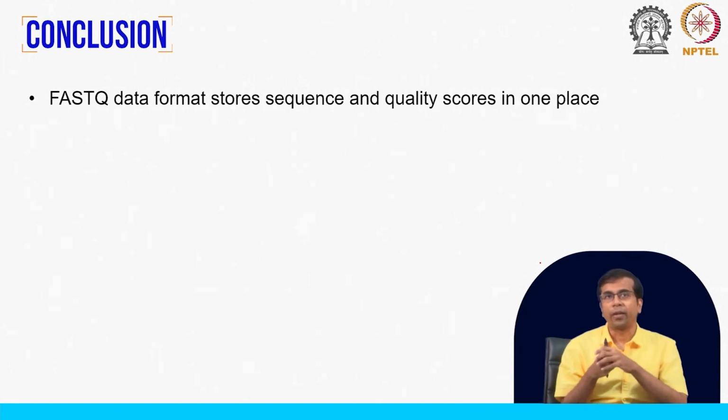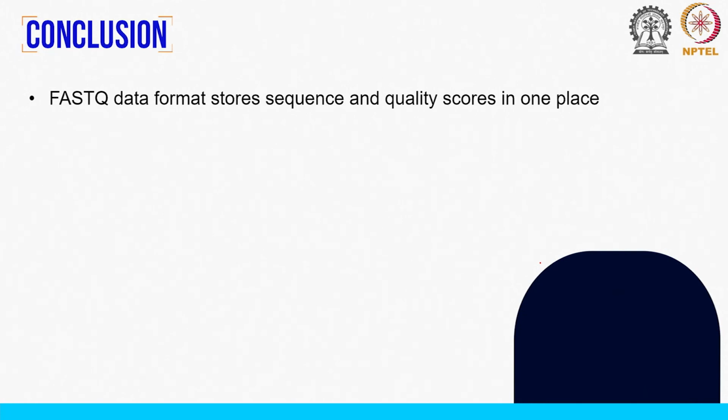Just to conclude, we have talked about the FASTQ data format in detail. This is a data format that stores sequence and quality score in one place. That is a very efficient way of storing data, because this helps in parsing the files very easily. We do not have to go back and forth between the sequence file and the quality file, which was the case with 454.